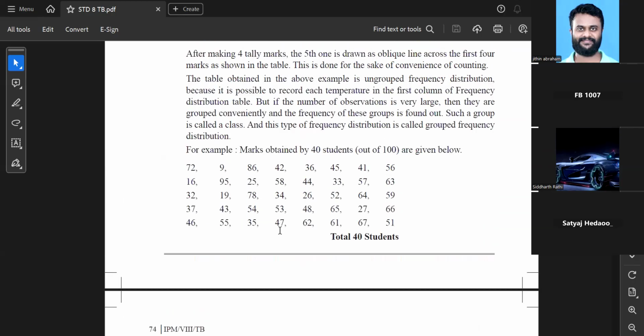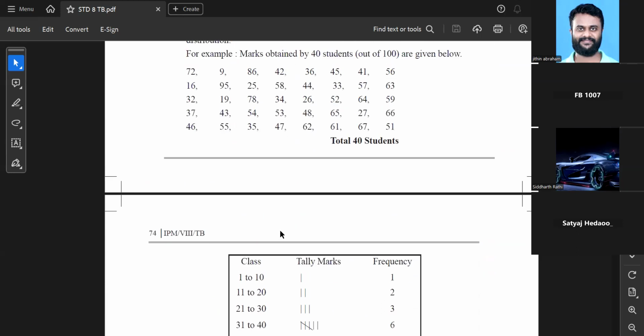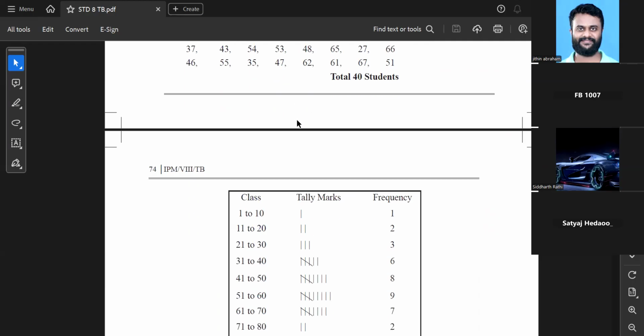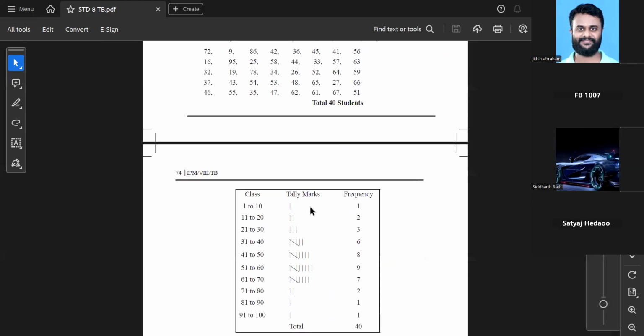Now here is another example where you have some set of marks given. So 72 is one mark.